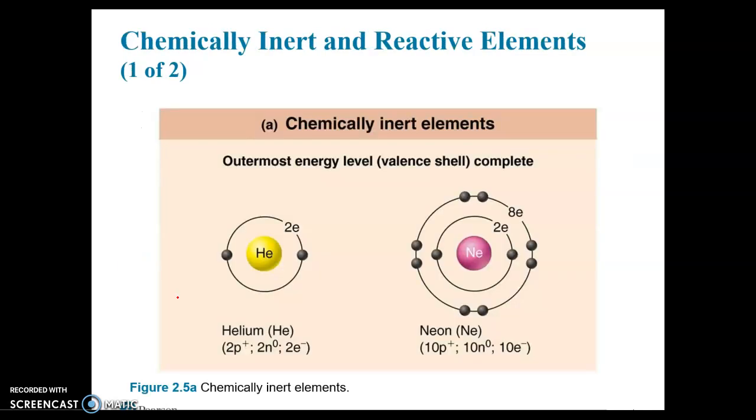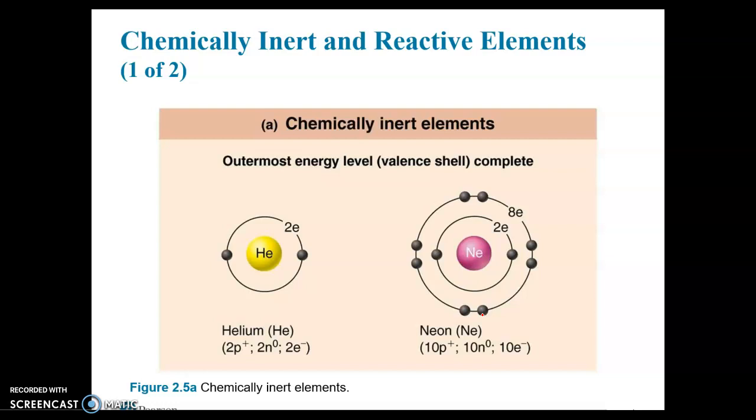Looking at these, helium is already stable because its outermost or valence shell is the first energy level, which can only hold 2 electrons, and it is full. So helium is stable. It's an example of an inert or noble gas, which means it doesn't react with other atoms.